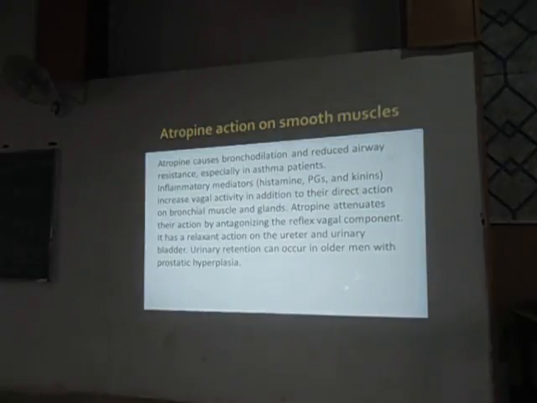Salbutamol is not from our class, it belongs to the adrenergic system. We are dealing today with the anticholinergic system. Inflammatory mediators, histamine, prostaglandin are released. We know that due to histamine release there can be vasodilatation and a decrease in blood pressure.